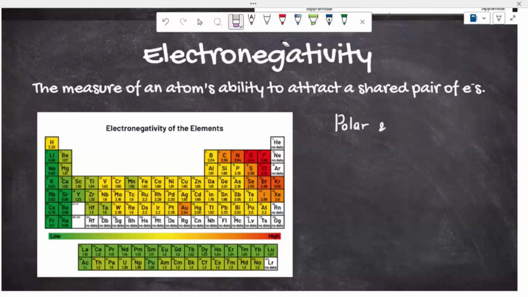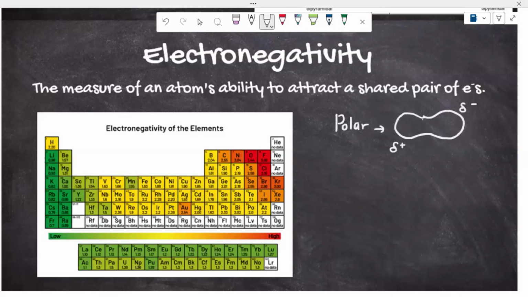So polar means that you have an uneven distribution of charge. So if we were to take, let's say this is our electron cloud of an atom or of a compound, right? There could be some areas that are more densely negative and some that are more densely positive, right?